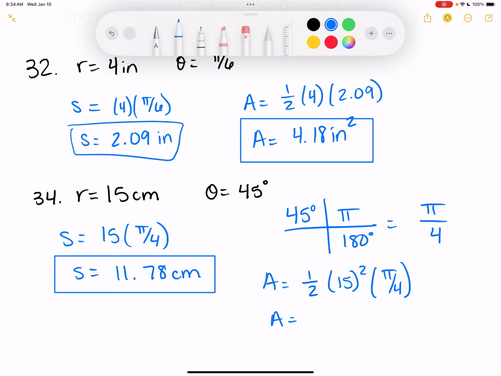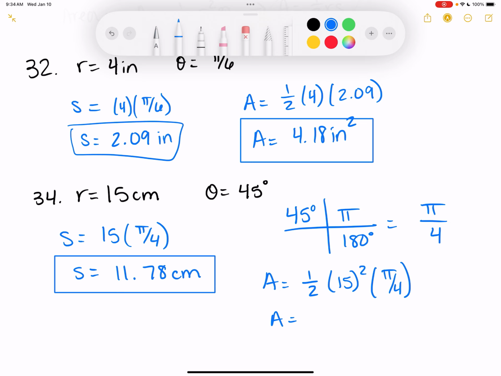So then S equals 18 times 5 pi over 36. .85 meters.